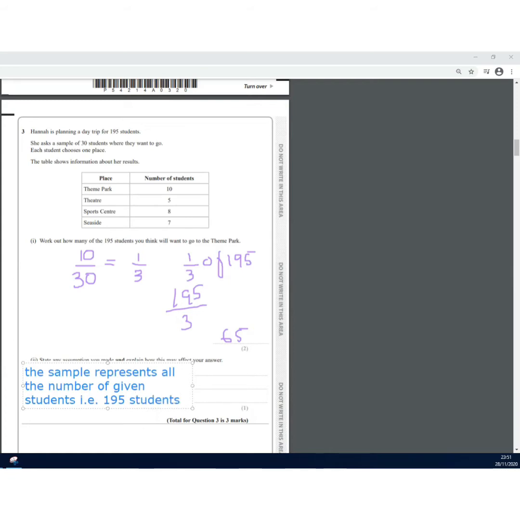How this would affect our answer, obviously there may be more or less.